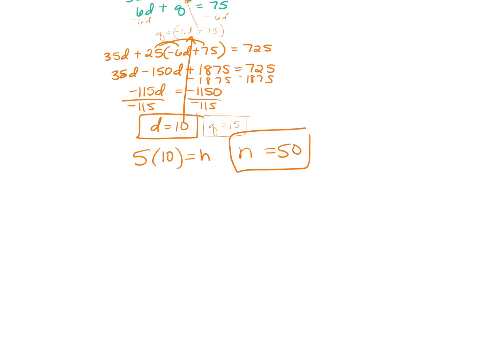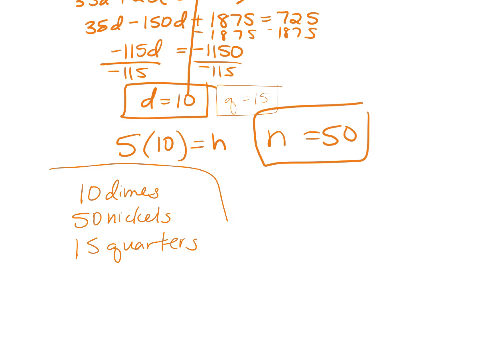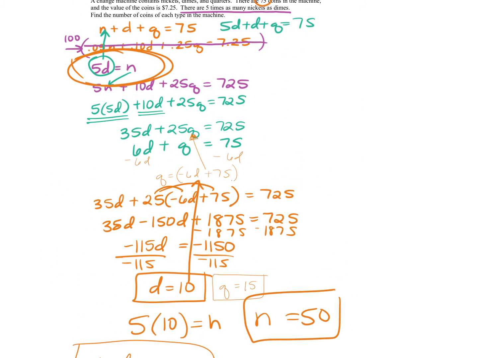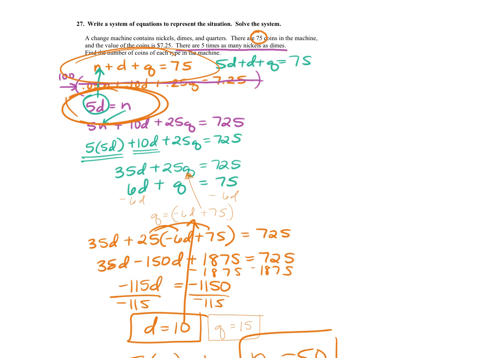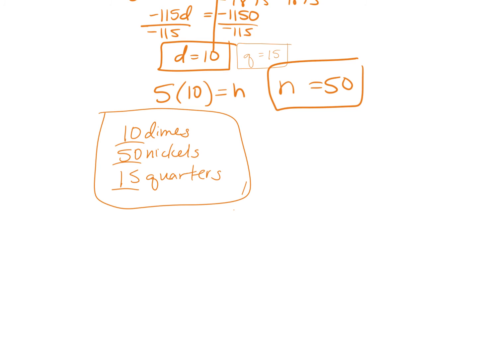So we have 10 dimes, 50 nickels, and 15 quarters. If you check that, 10 plus 50 plus 15 is 75, which makes sense with that very first equation that we wrote. So that's a good check of it, and that'll be your answer.